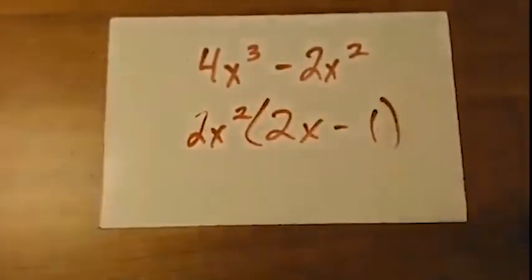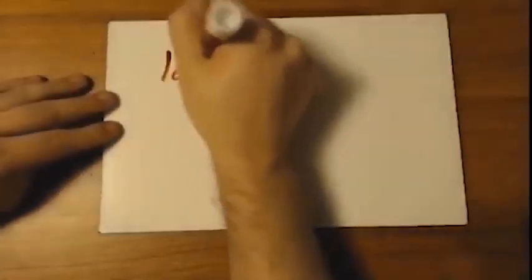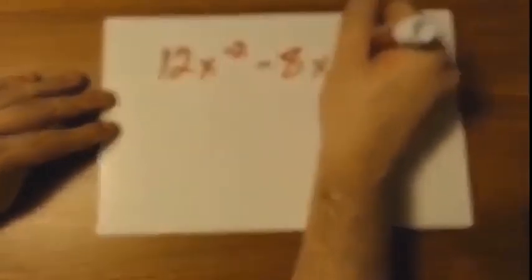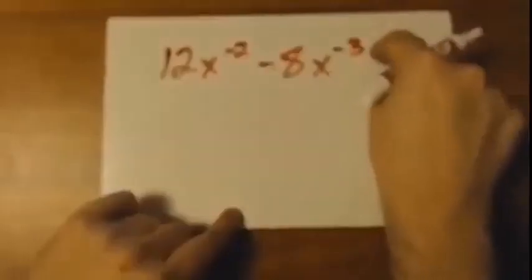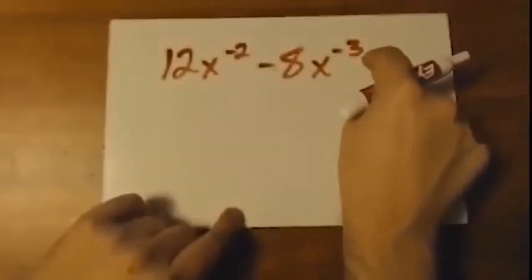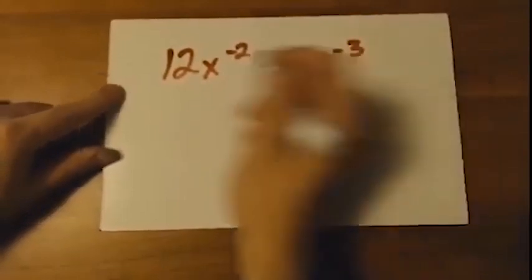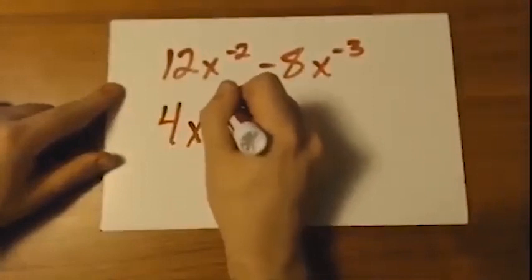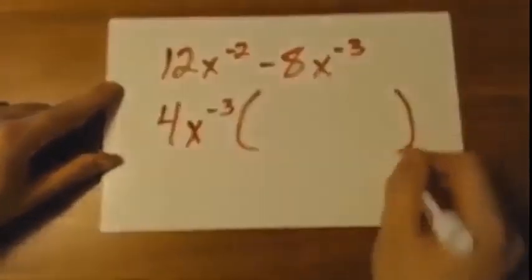We're still going to look for the lowest power and factor that out. But with negative numbers, the most negative is the lowest power. So let's take a look at 12x to the negative 2 minus 8x to the negative 3. Here, don't be confused. The lowest power is the negative third. So we can take out a 4. We can take out an x. That x has to be to the negative third.